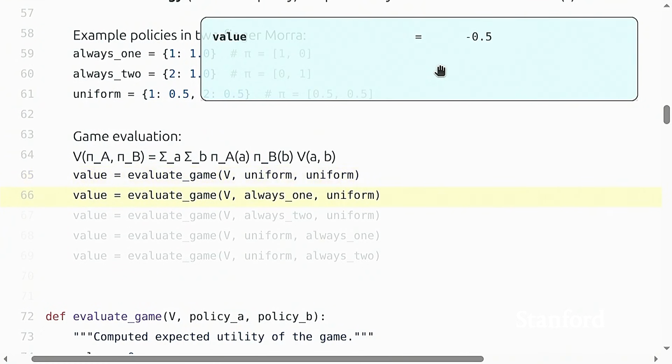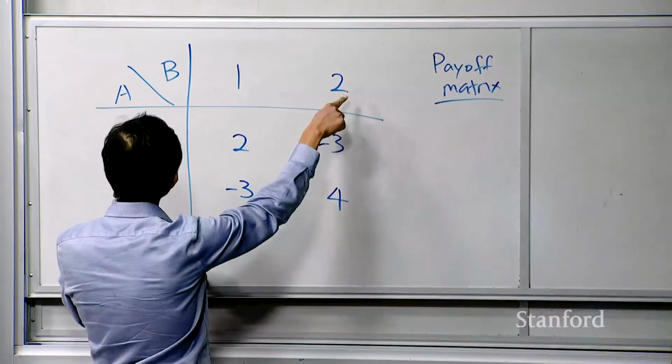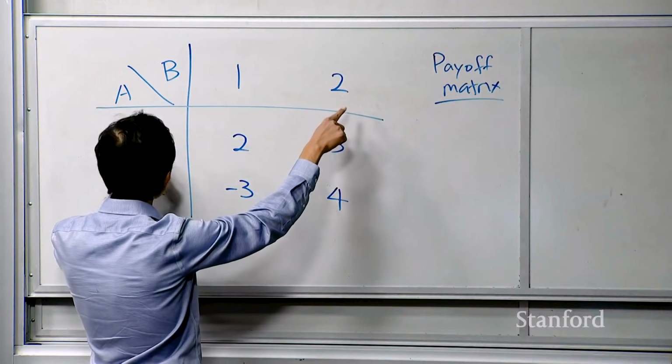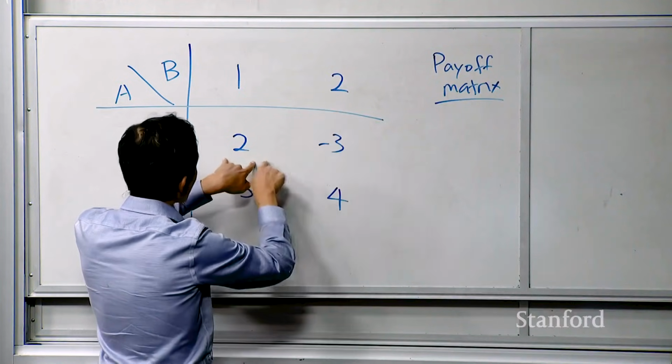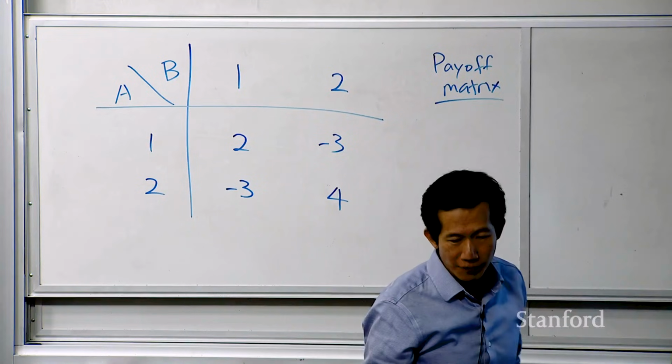Okay, so now, what happens if player A plays always 1 and player B plays uniformly? The value is going to be minus 0.5. You can think about it this way: player B is uniform between these two, and player A only plays 1, so that means it's going to be the average of these two values, and that's going to be minus 0.5.